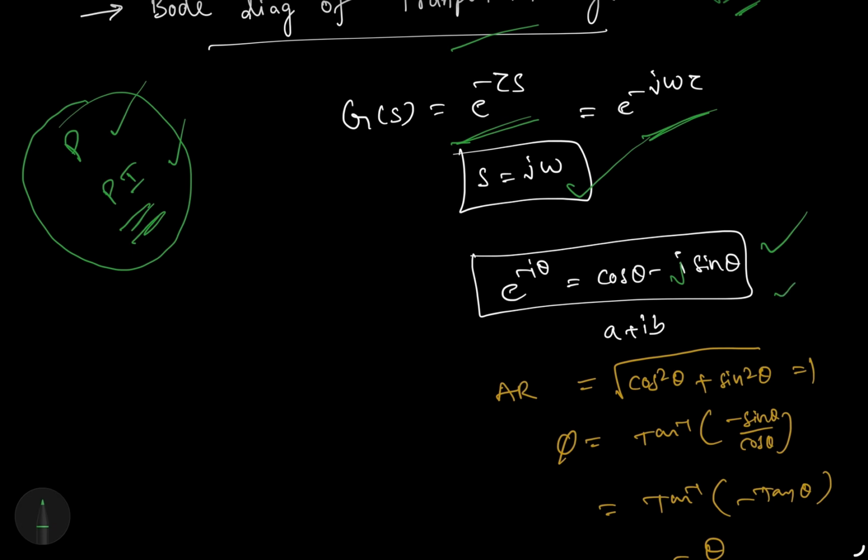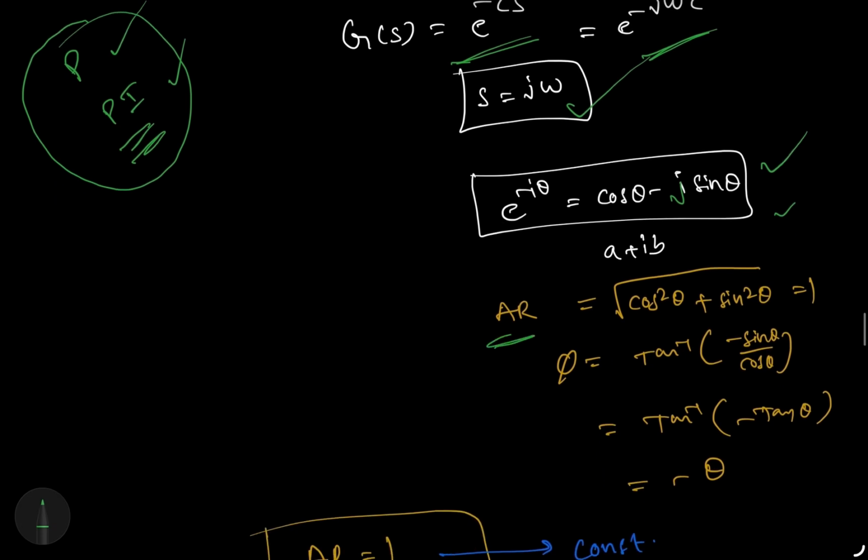Now from this we calculate the amplitude ratio and phase angle. The amplitude ratio is given by the magnitude of a complex number, which is the square root of cos square omega tau plus sin square omega tau. This simplifies to 1, right?